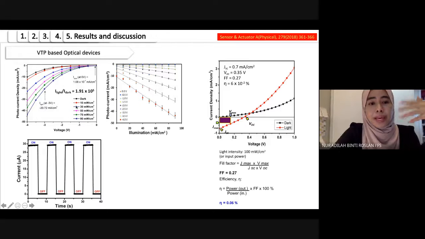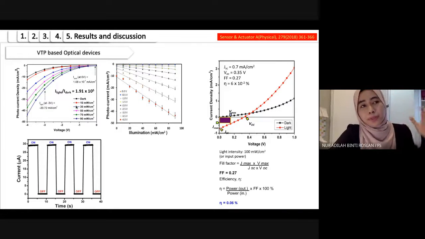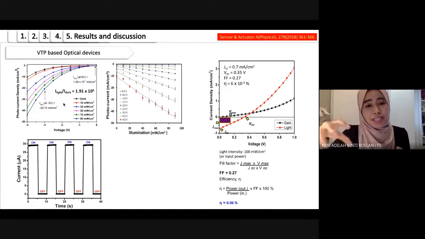The theory behind this is that we want a large ratio, because it will improve the noise rejection ability. So this ratio is quite good if we compare within small molecule materials.